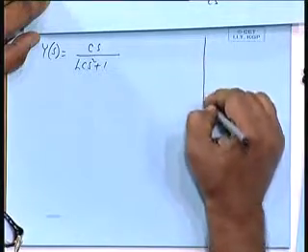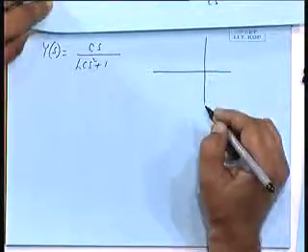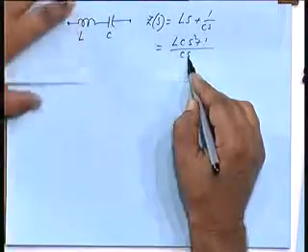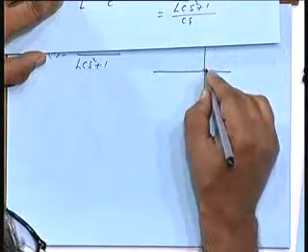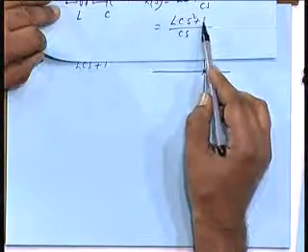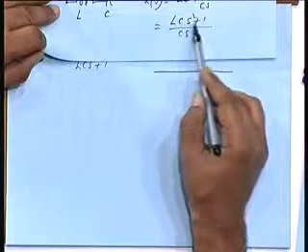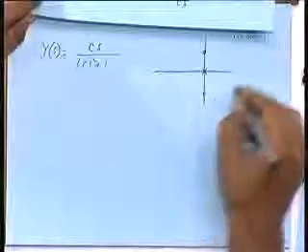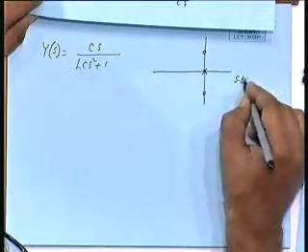Where are the poles and zeros located? For the impedance function, there is a pole at the origin, and there are two zeros at plus minus j by root LC. So here and here, this is S plane.